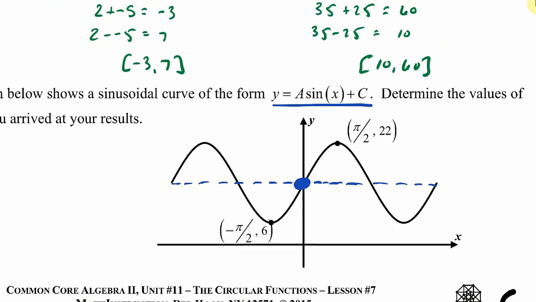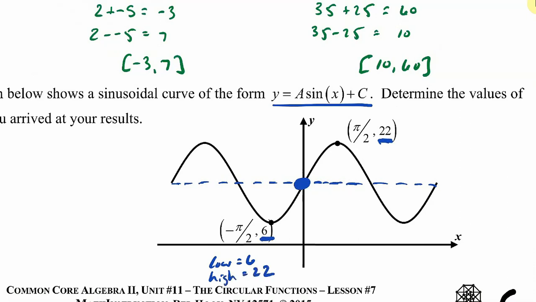Now, a is the amplitude. Well, absolute value of a is the amplitude. That's how high and low off the midline we go. C is the midline, also known as the average value, they told us. Okay, so look, we have a couple y values given to us. The low y value is 6, and the high y value is 22, right?